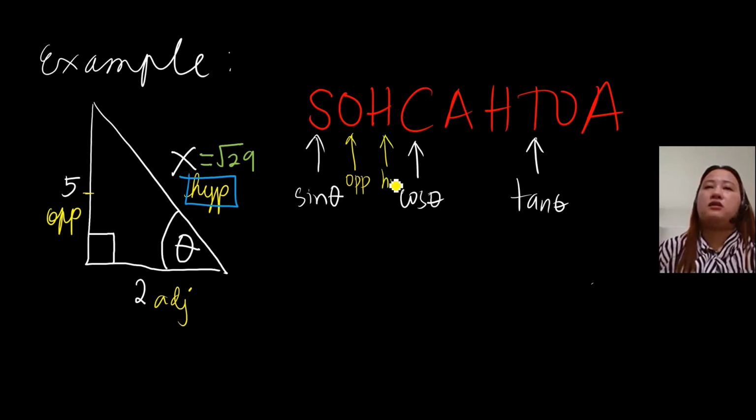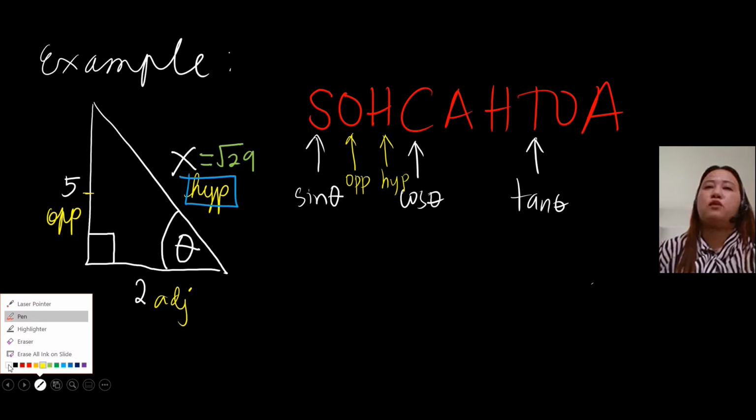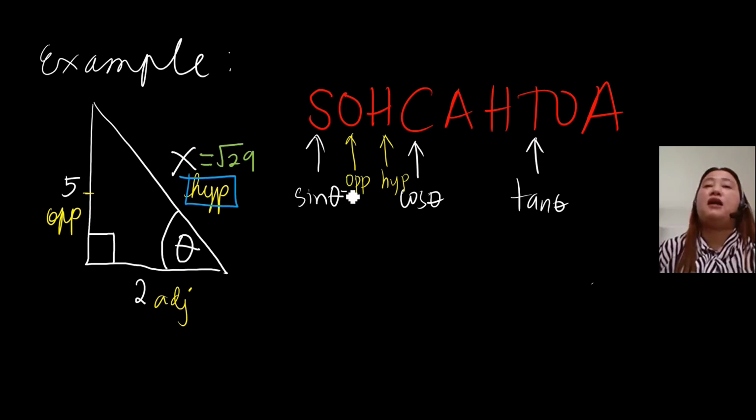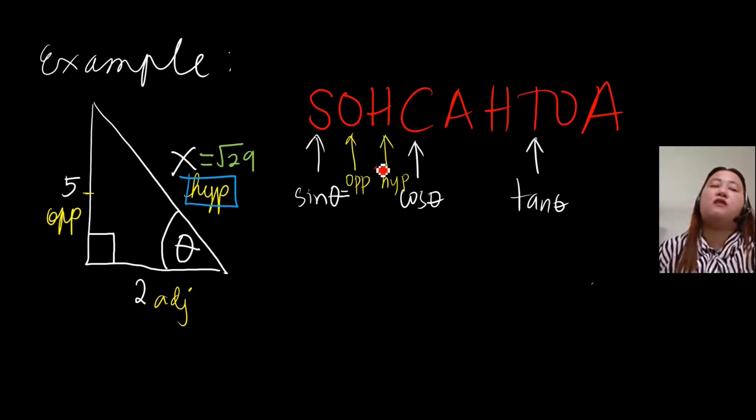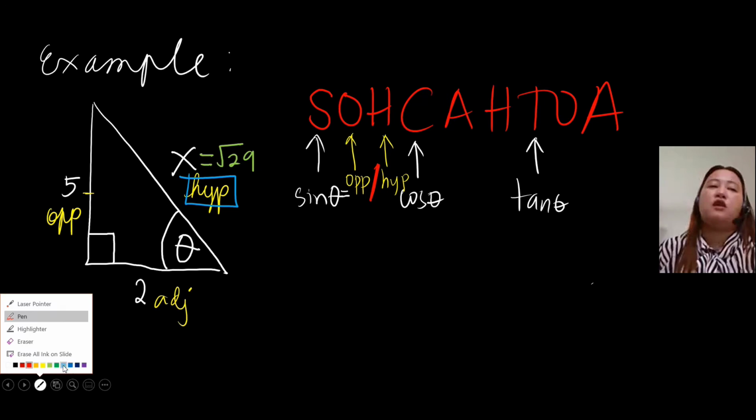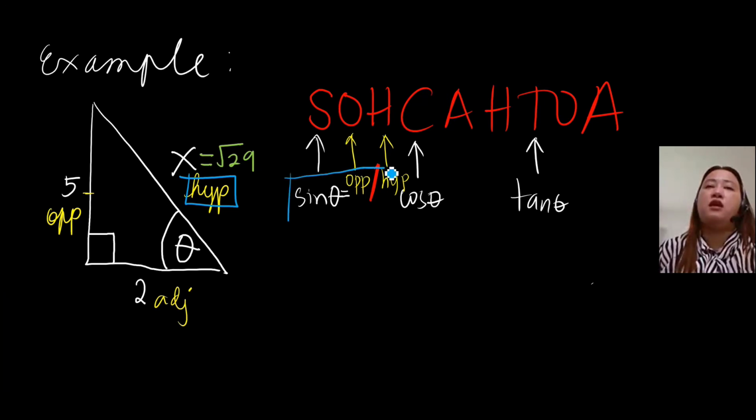H is hypotenuse. So, since our formula for the sine is sine theta equals, you just put a slash in between the opposite and the hypotenuse. You already have the formula for the sine theta. This is the formula.